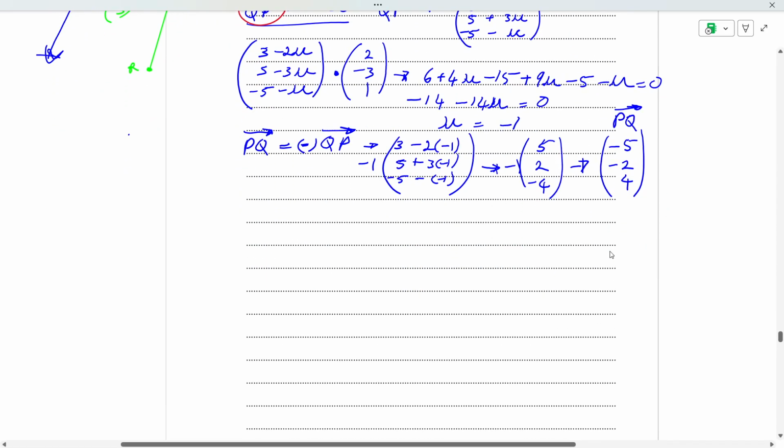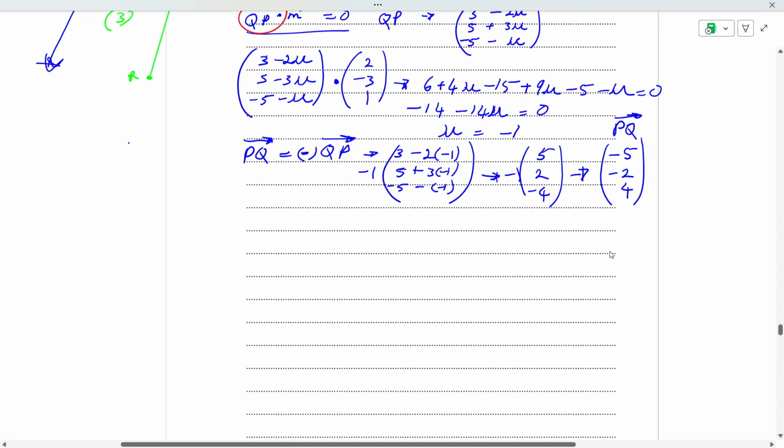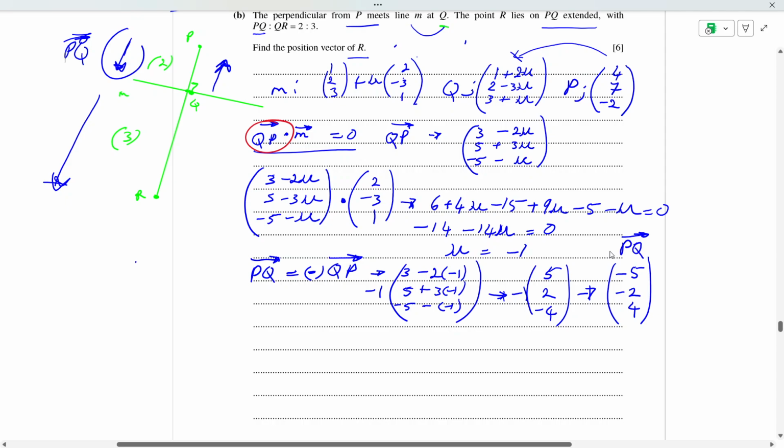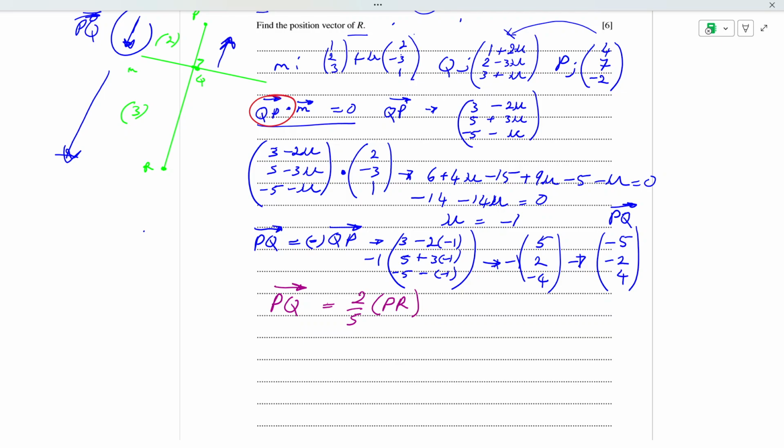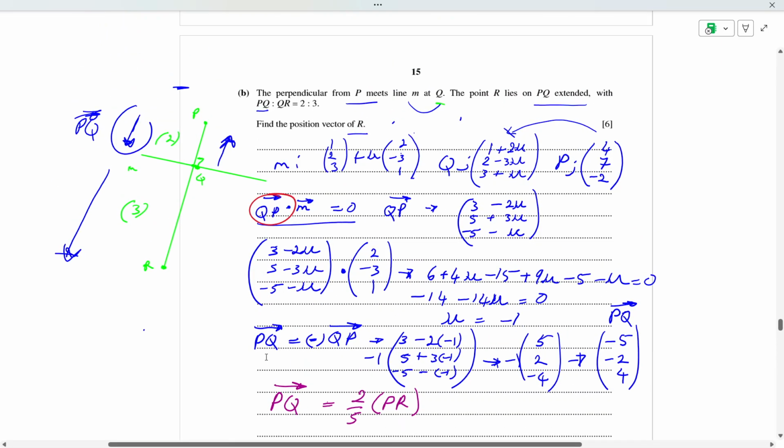Now that we have PQ, I'm going to use the ratios that I've been given. PQ is equal to 2/5 of PR. As you can see, if you go back to the diagram, this is P, this is R. So it's 3 plus 2, which is just 5.